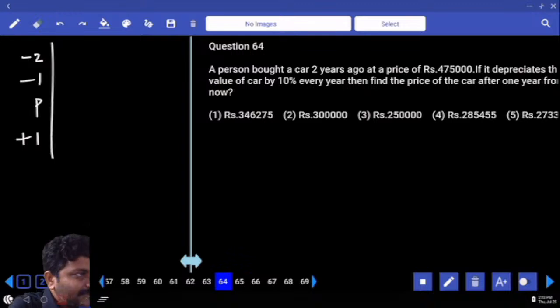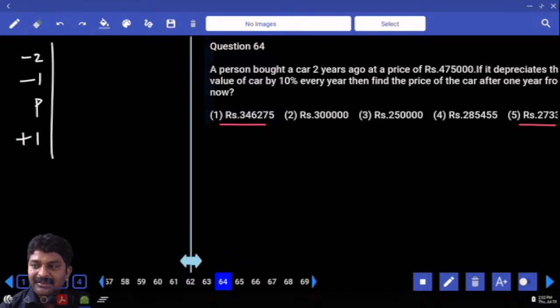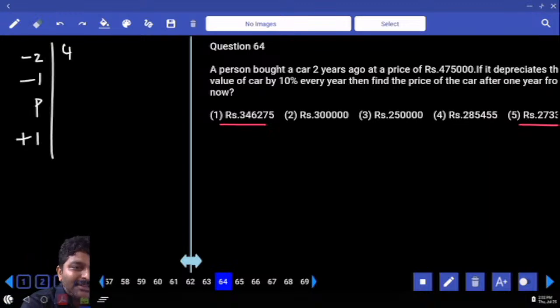This is how I'll start. You know that the answer is either the first or the fifth. One is 3,40,000, the other is 2,70,000. 2 years back, it was 4,75,000. A 10% decrease is 47,500.